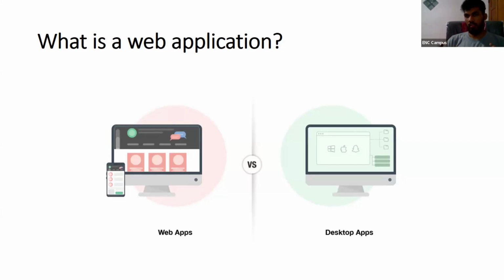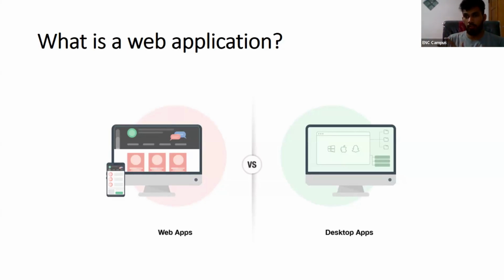Okay, so think like this. I'm doing this presentation using Microsoft PowerPoint, right? So to use PowerPoint, what should I do? First, I need to install PowerPoint on my computer.